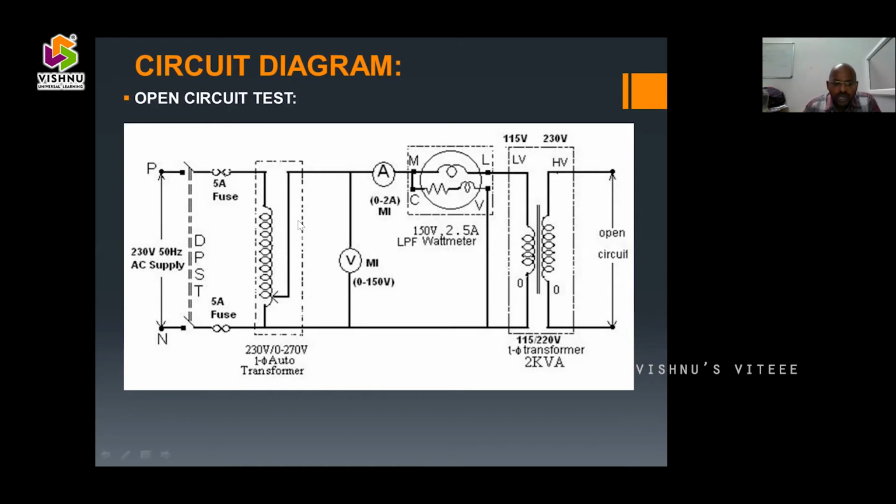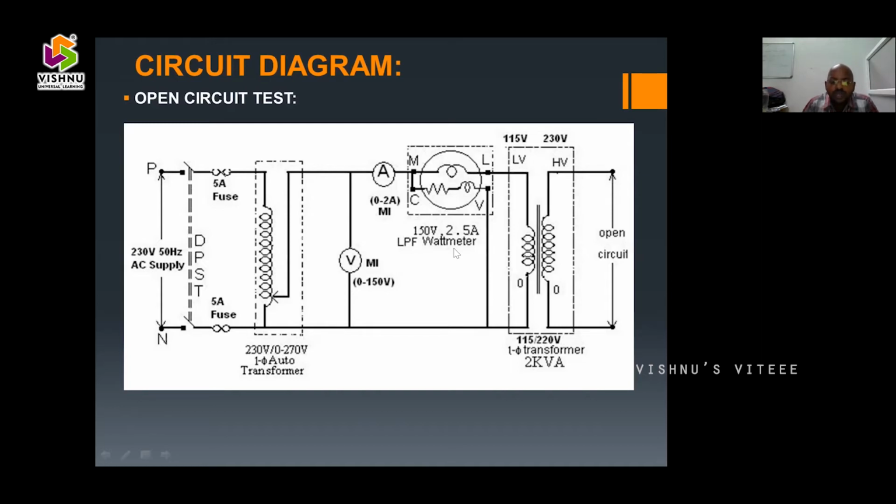Here one more device is used for getting the variable AC supply, because at the main supply we get a constant fixed voltage, that is 0 to 230 volts, 50 Hz single phase AC supply from the main power supply. That is applied to the transformer through an auto transformer, because we do not apply sudden voltage directly on the transformer. If sudden voltage is applied, then the meters or whatever devices are connected to the power supply may malfunction or be damaged due to the sudden spike of voltage.